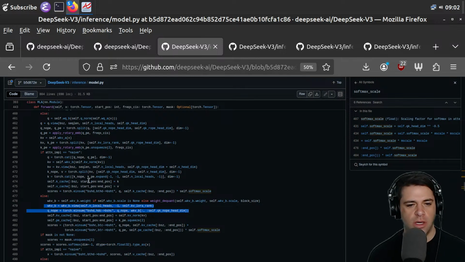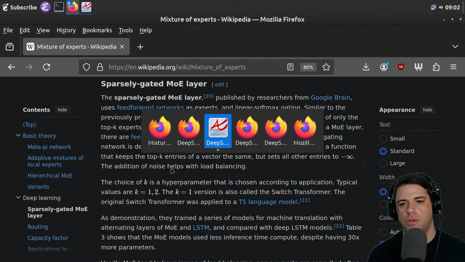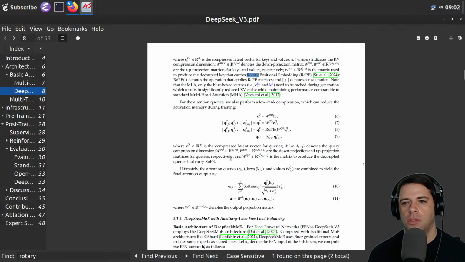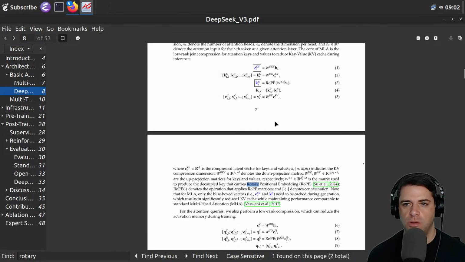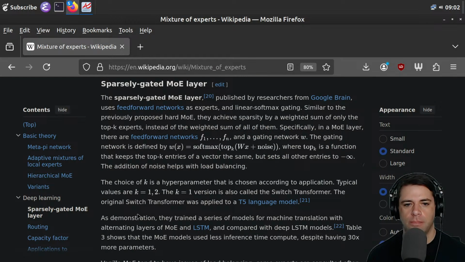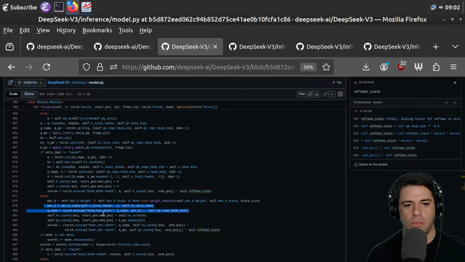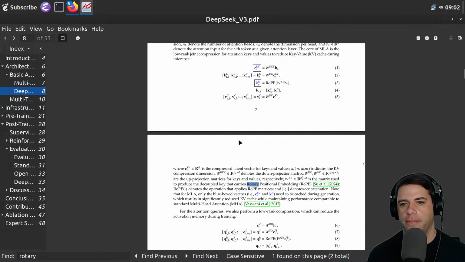these WKB matrices. Let's see if we can find the corresponding notation in the paper. Here's WDQ, WUQ, WDKV. Is that what we had? This should be key value, right?